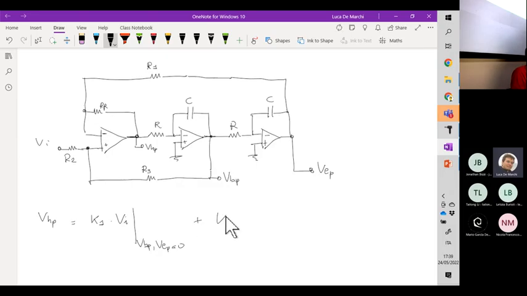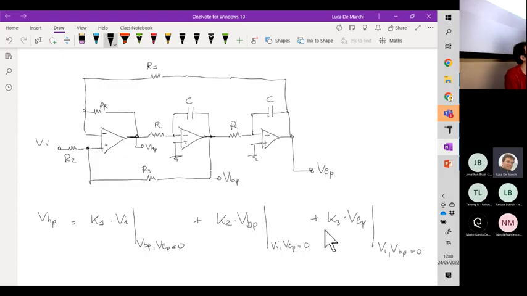Then we will compute the second coefficient, K2, which relates VHP to V bandpass when VI and VLP are equal to 0. And finally, last term, to apply the superposition principle, is the computation of the relationship between VHP and VLP when the other quantities are equal to 0. So combining these three terms, we get the transfer function.